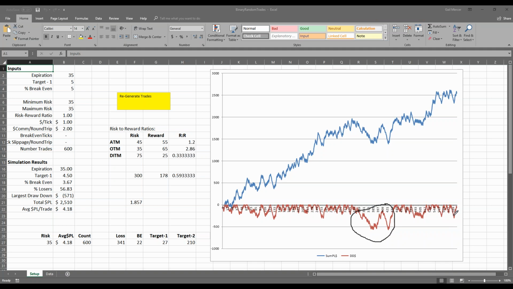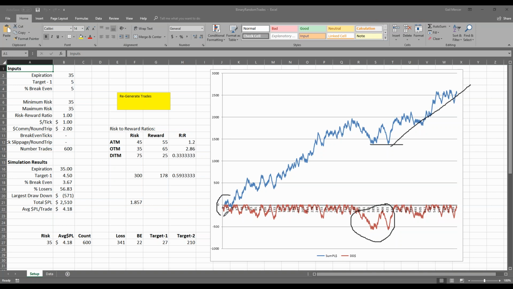You see the biggest drawdown was right here, and it's very much like a chart pattern. It made a double bottom and then it started back up. Your equity curve will look very similar to a chart.